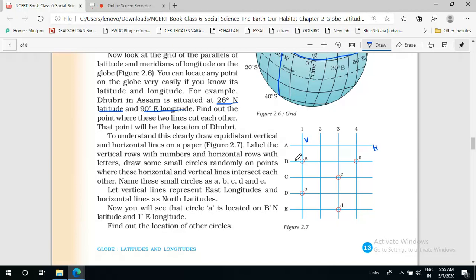They are intersecting each other. So the longitude 1 and the latitude B. Circle A is located on B degree latitude and 1 degree east longitude.